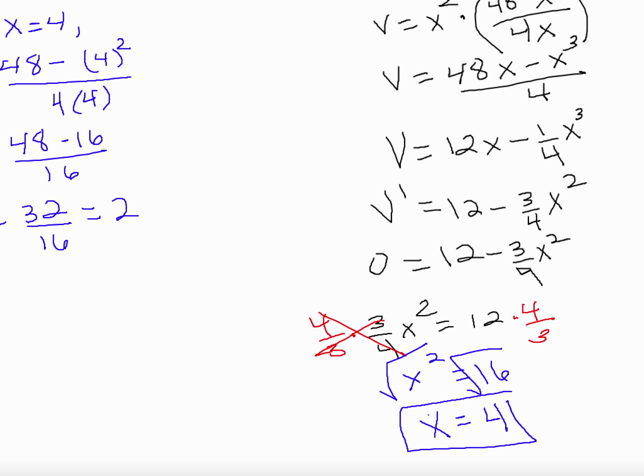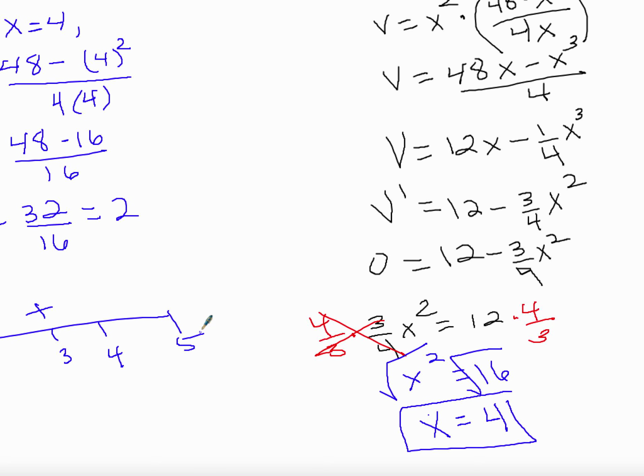Let's check out with the sign diagram. If I tested 3 by substituting that into my first derivative, 3 squared is 9. 9 times 3/4 is smaller, and 12 minus the smaller number is going to give me a positive result.